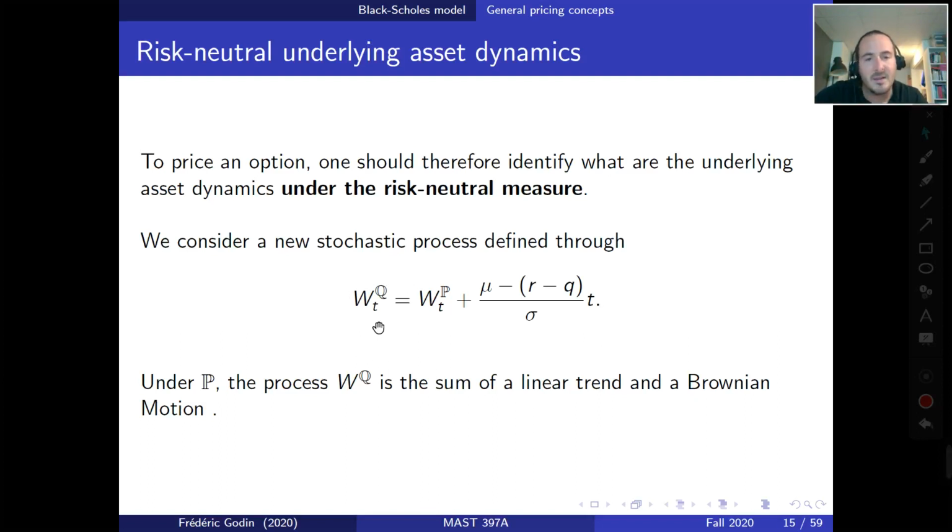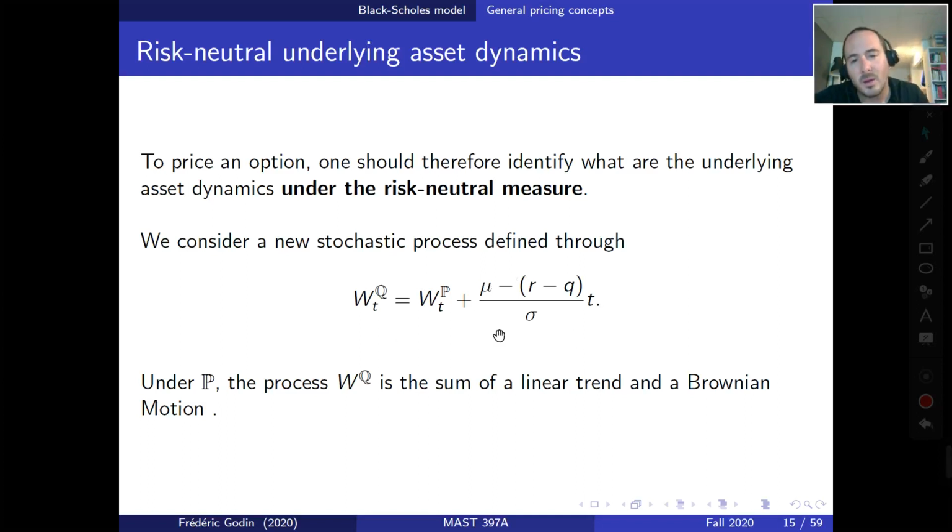Okay, so the time t value of the process, which we denote by WQ, is defined as the time t value of the Brownian motion under P, plus here some offsetting constant, which will be mu minus the risk-free rate minus the dividend yield divided by sigma, okay, times t. Okay, so again, this is mysterious, but for now, let's just accept this.